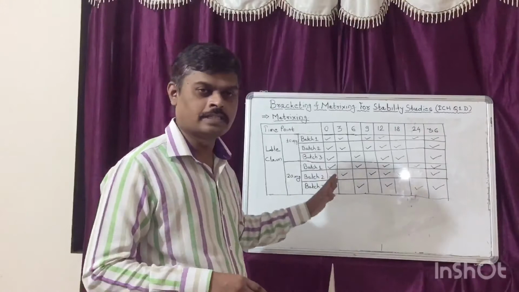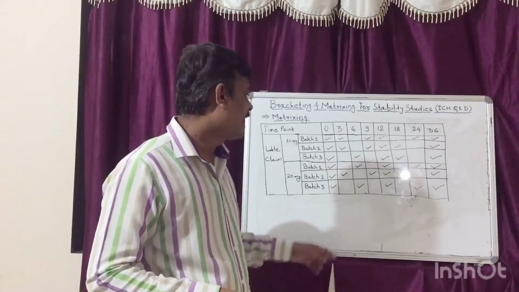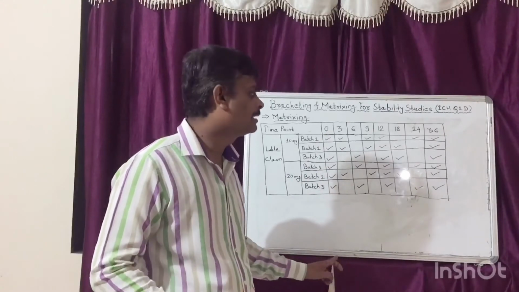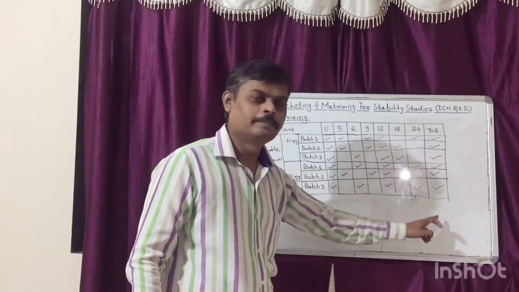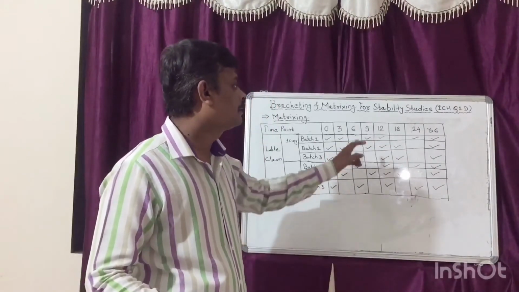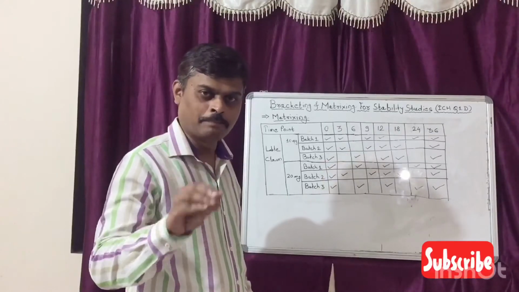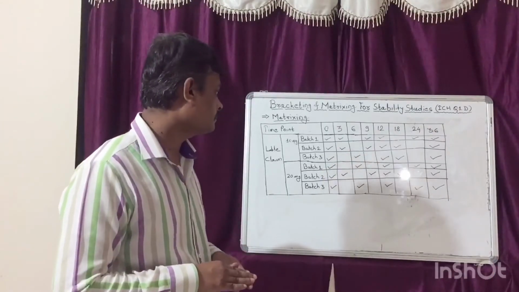This is the first condition, that is, you have to analyze all samples at the 0 time point and 30, that is the last time point of the study, and additionally at one time point where you are going to submit your dossier.